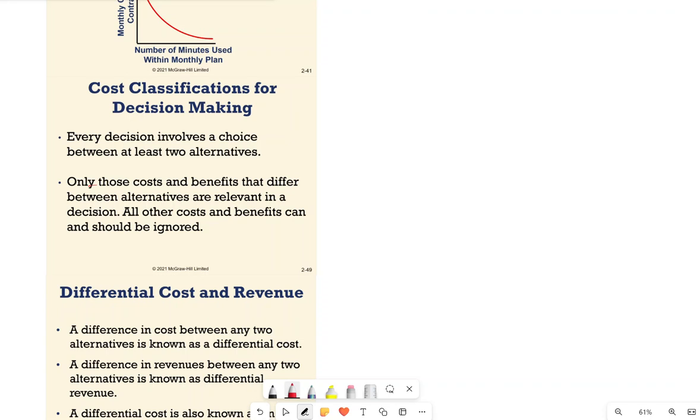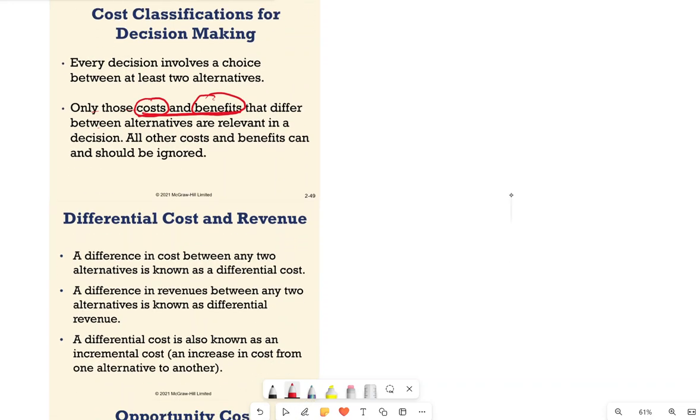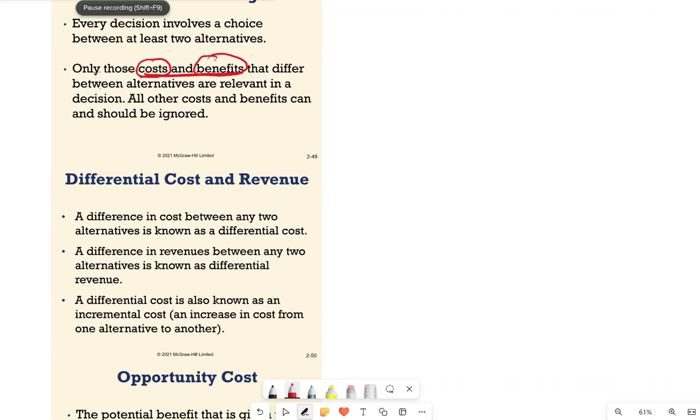When we think of decision making, of course every decision involves two alternatives. Only those costs and benefits that differ between the alternatives are relevant. So if the cost of one project is higher or the benefit of that project is higher, it's going to be relevant to making a decision. Otherwise all the other things do not change your decision.